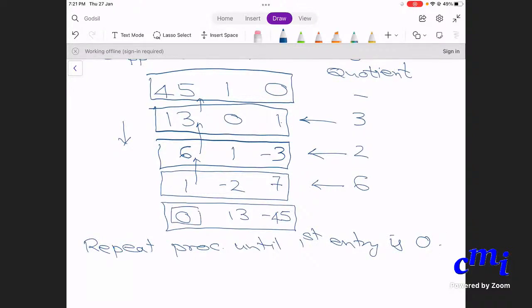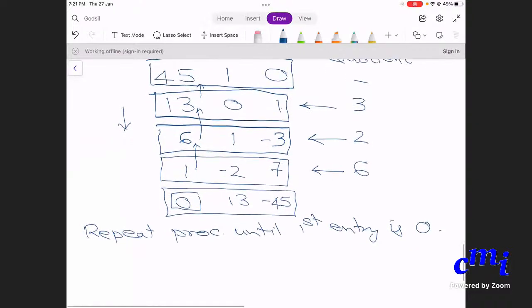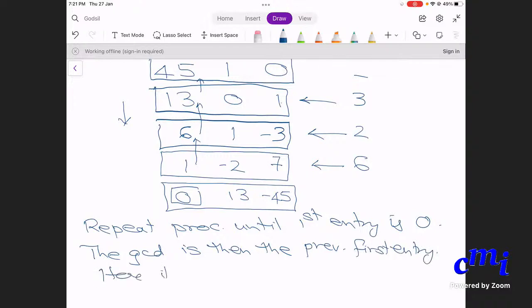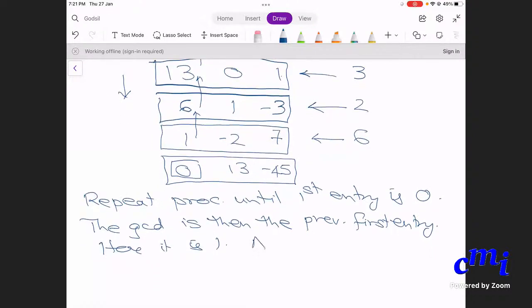So you keep doing this until you get to 0, and when you get to 0, the GCD is the previous first entry. Here it is 1. So the GCD is 1.